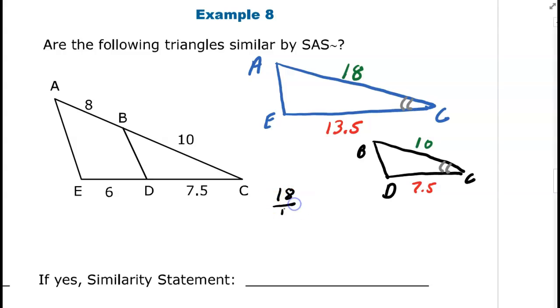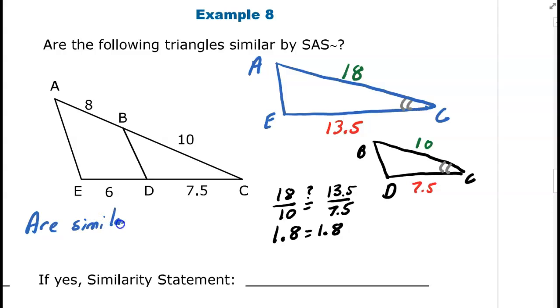Is 18 over 10 the same as 13.5 over 7.5? 18 divided by 10 is 1.8, and using my calculator, 13.5 divided by 7.5 is 1.8. So these are similar by side, angle, side for similarity.